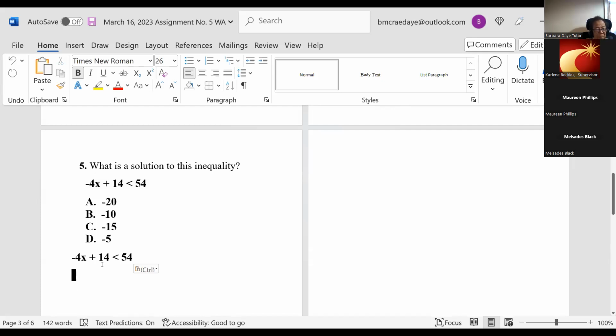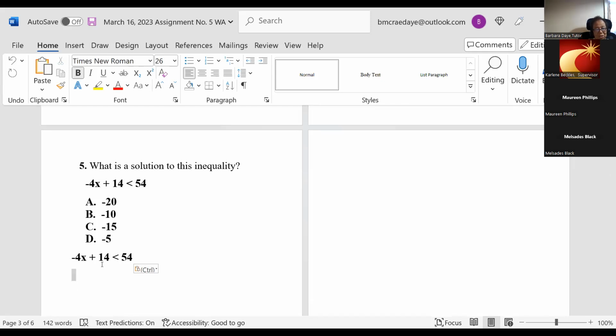My first step is to find x. Well, we know we have to find x, but what's the first step to finding x? What's the first step in this inequality? Take away 14 on both sides. That's it. So do that.